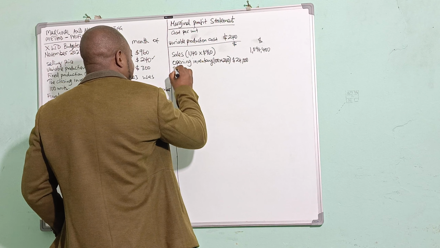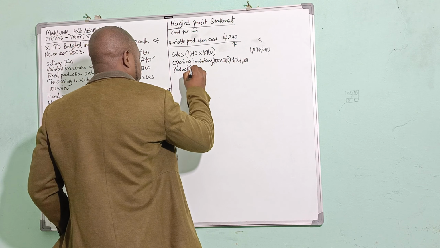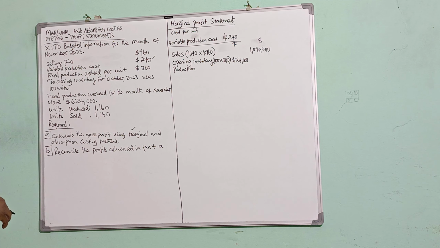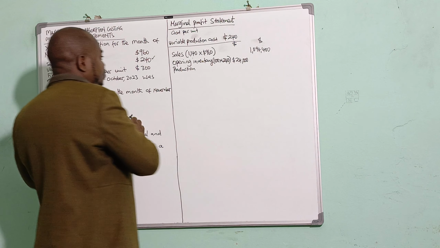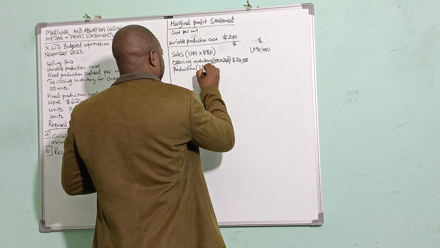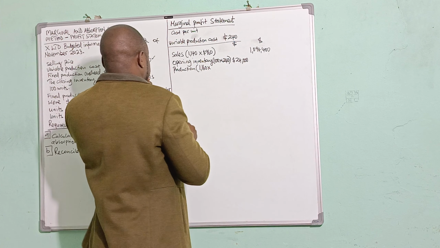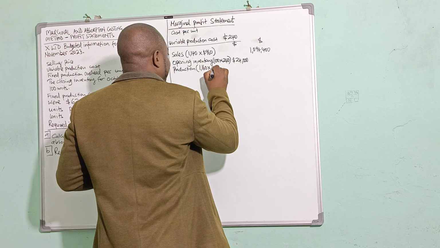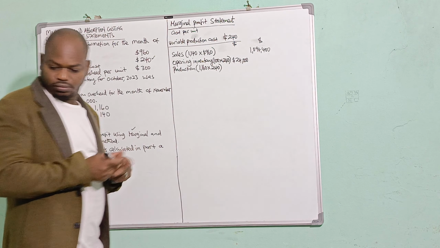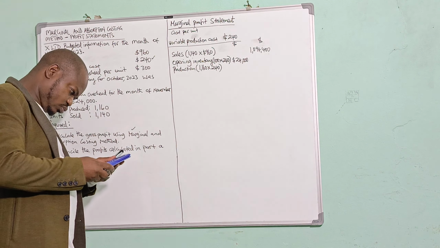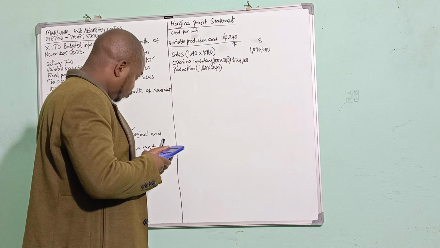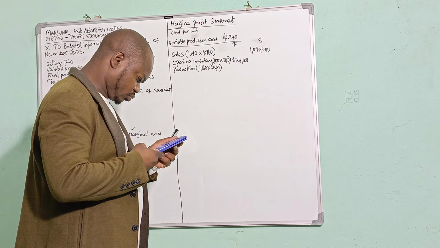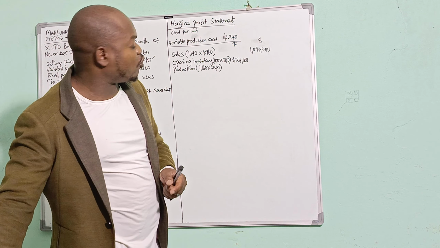Then production is 1,160 units at $240 as well, and I have $278,400.